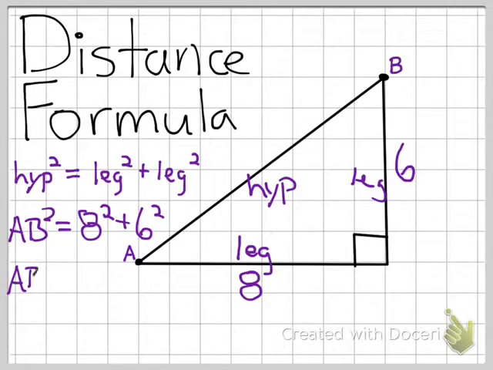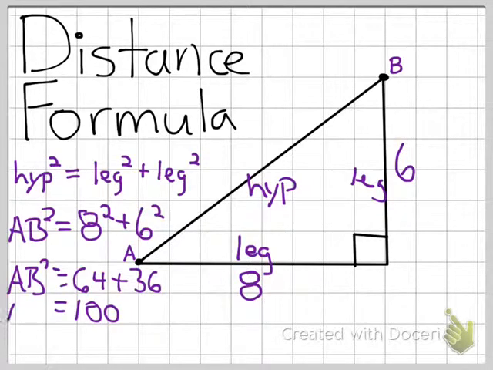And then AB squared is equal to 64 plus 36. We come out with 100, and hopefully you recognize that when AB squared equals 100, AB is 10. So if I would have done the distance formula, I'd get the same answer here. That doesn't change it. But now I don't have to stick to that formula. I can just remember it's the Pythagorean theorem.